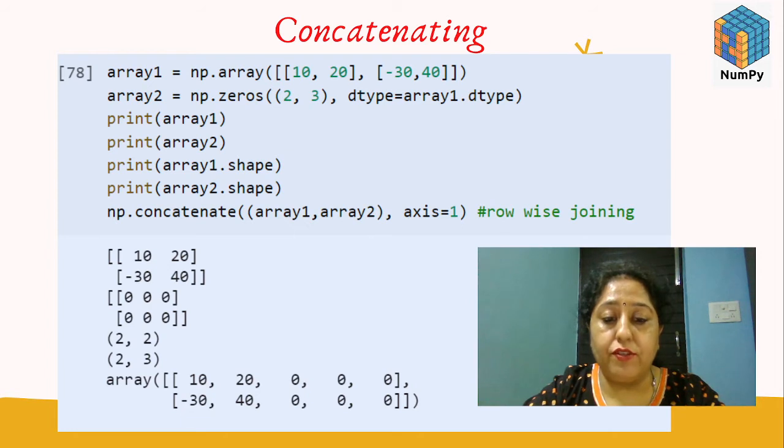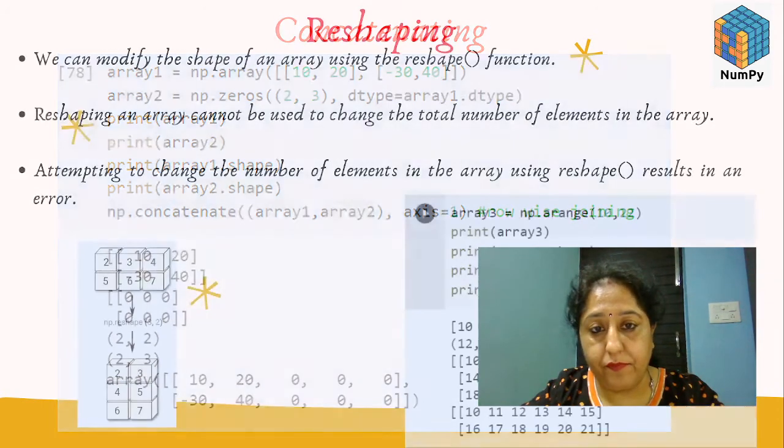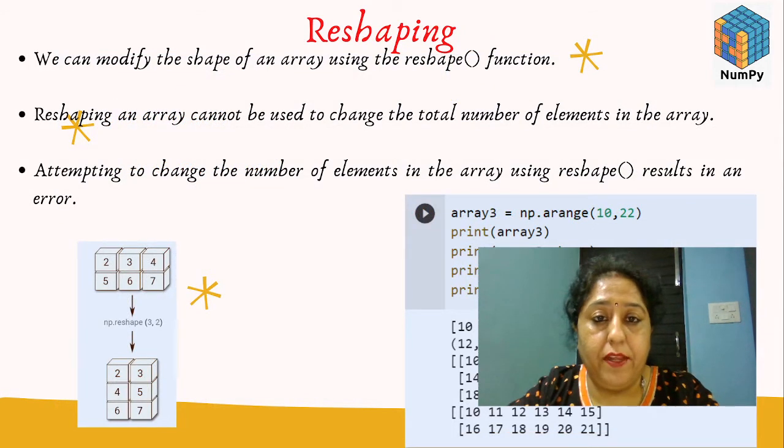That means your first row of the array will have values 10, 20, 0, 0 and 0. Likewise, the next row will have elements minus 30, 40, 0, 0, 0. Just look here that this array will have the values in the form of lists. Now, let us move further.